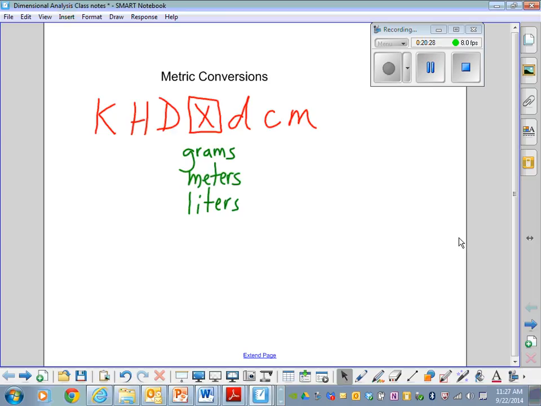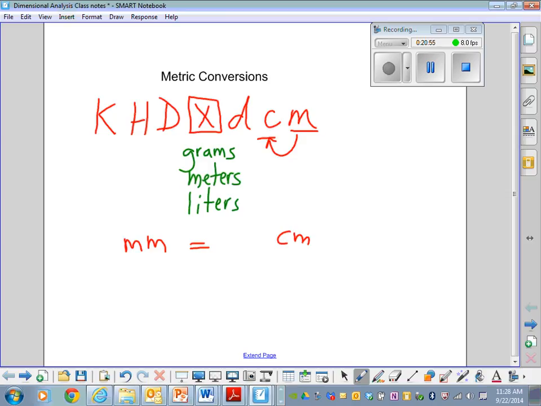Now, I don't know if I covered this during one of your IT classes, but I just want to make sure you know how to use this mnemonic. Say I want to know how many millimeters make a centimeter. Are you with me? So this is milli, is that right? And that is centi. That's just one jump.